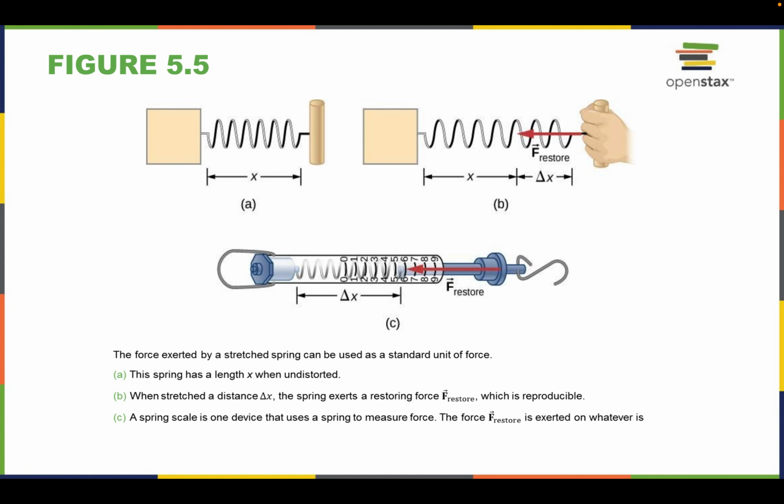Let me give a couple of pointers about springs and other objects that follow Hooke's law. First, the phrase ideal spring means that the restoring force is proportional to the amount that the spring has been stretched or compressed. That means the more you stretch or compress a spring, the harder it exerts a force to try to get itself back to its original shape.